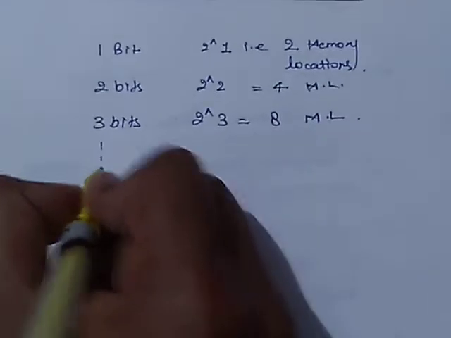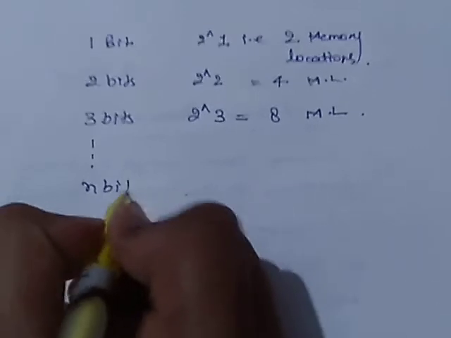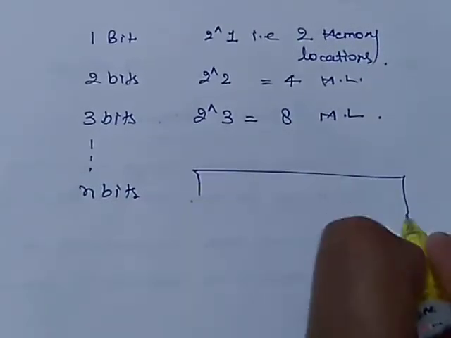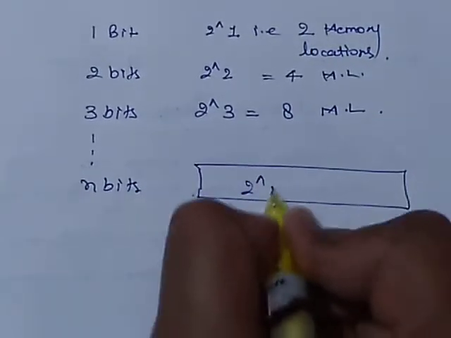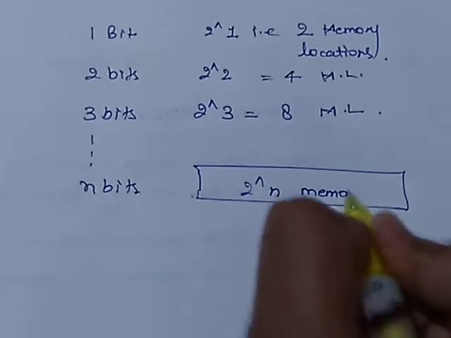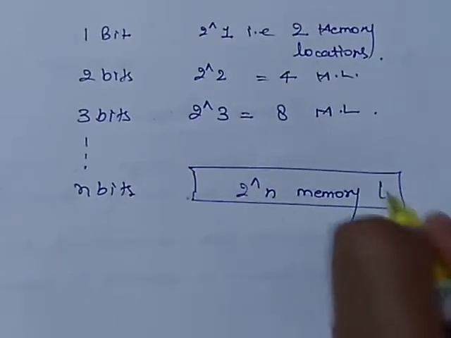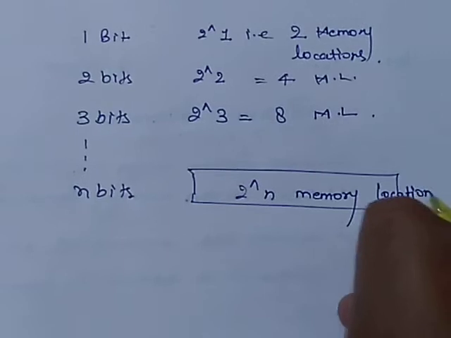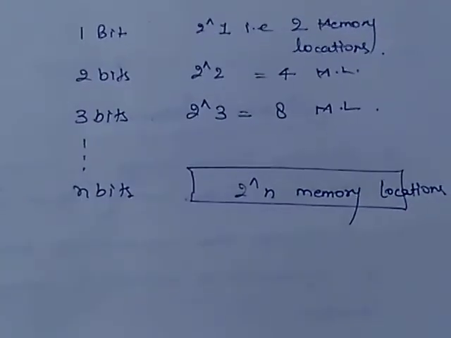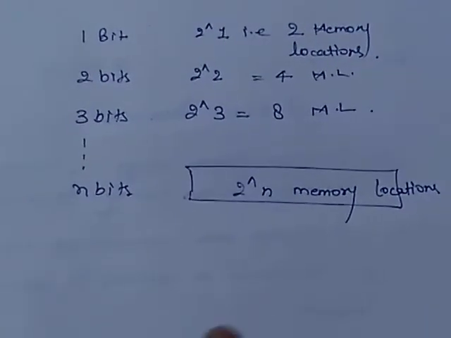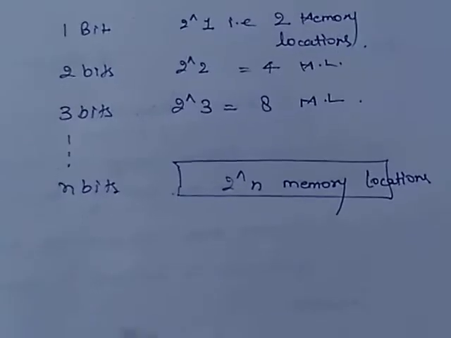And for n bits we can get a general formula, that is 2 power n memory locations. Now let us see how these bits are represented by the diagram.